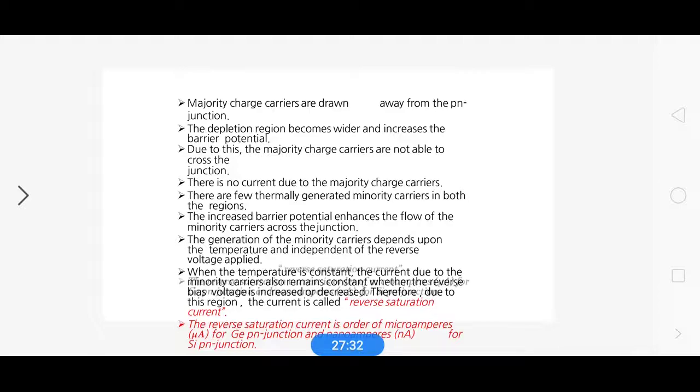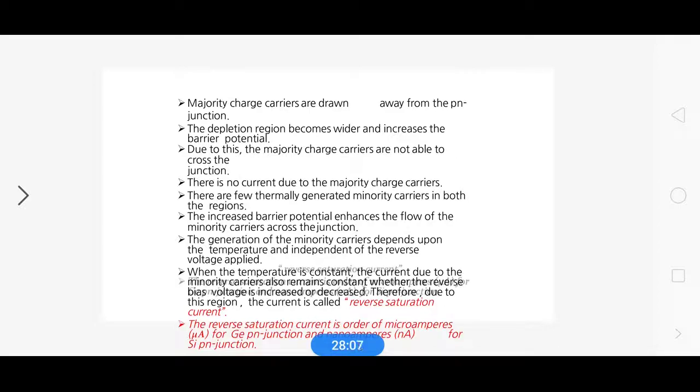So when the temperature is constant, the current due to minority charge carriers is also constant. Whenever the reverse voltage is increased or decreased, the current remains the same. The current due to minority charge carriers is called the reverse saturation current.